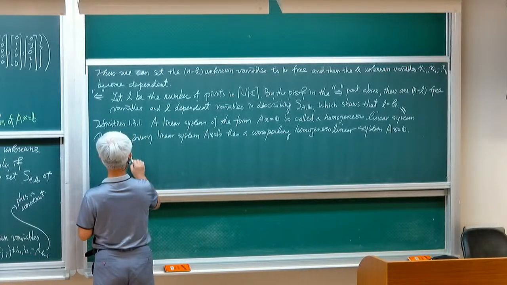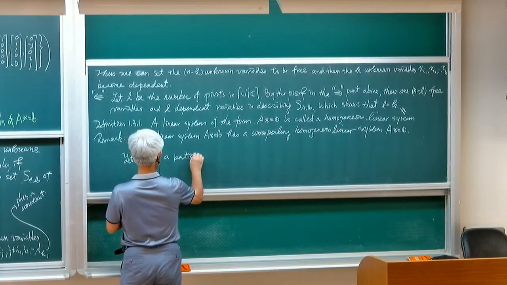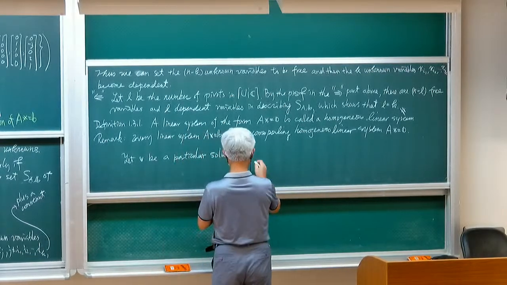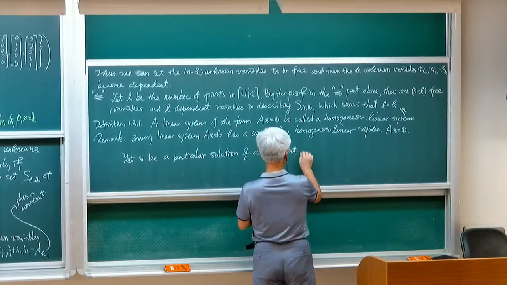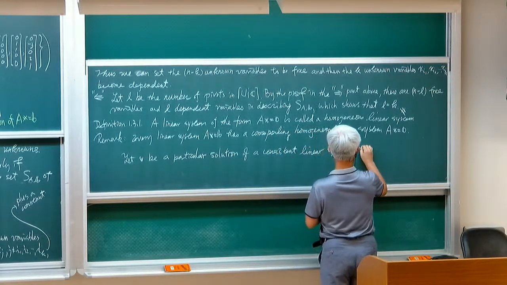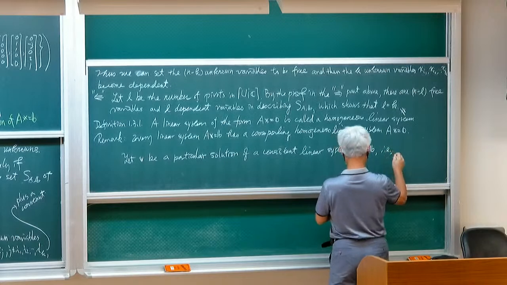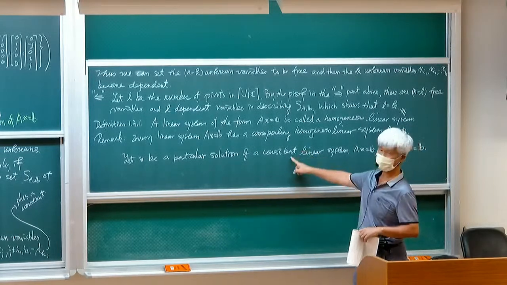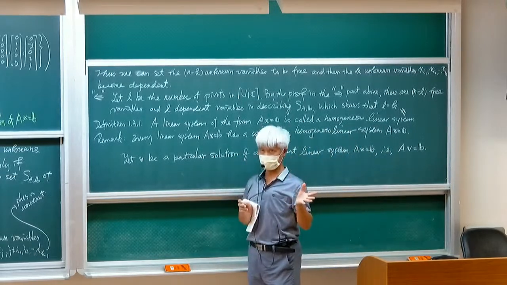Okay, so we let V be a particular solution of a consistent linear system AX equal to B, i.e. AV equal to B. It's very important to put consistent here. Why? Because if the linear system is inconsistent, there is no solution.